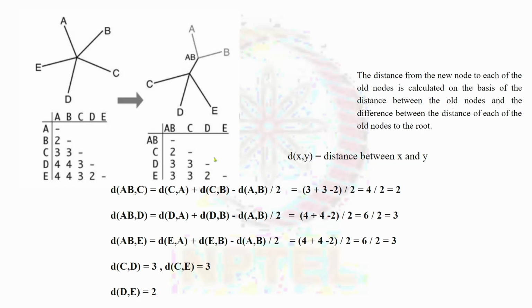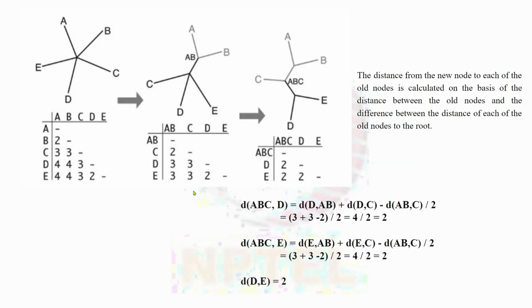When we observe here, again we have 2 as the smallest value, between the combined node AB and C, and between D and E. So here again I have taken ABC.